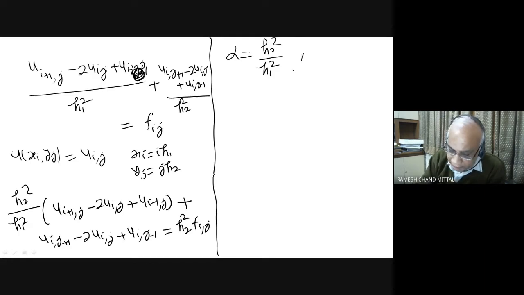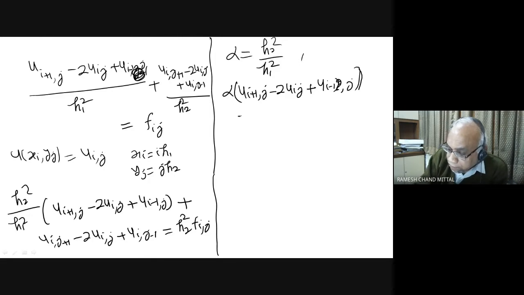Then my equation will become alpha(u_{i+1,j} - 2u_ij + u_{i-1,j}) + u_{i,j+1} - 2u_ij + u_{i,j-1} equal to h2 square f_ij.